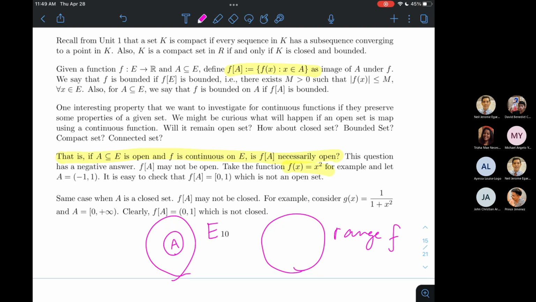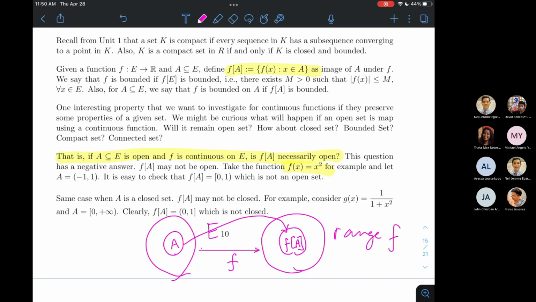So ibig sabihin, kung ito si E, yung malaking circle, pinerform ko si f, makukuha kong mga function values ay ito. Ito yung range of f or the image of f, or pwede natin tingnan siya bilang f bracket E, collection of all images. Pero pag tinignan natin yung f bracket A, siya lamang ay ito. Siya lamang yung mga function values ng mga elements na nanggagaling dun sa subset A ng domain.